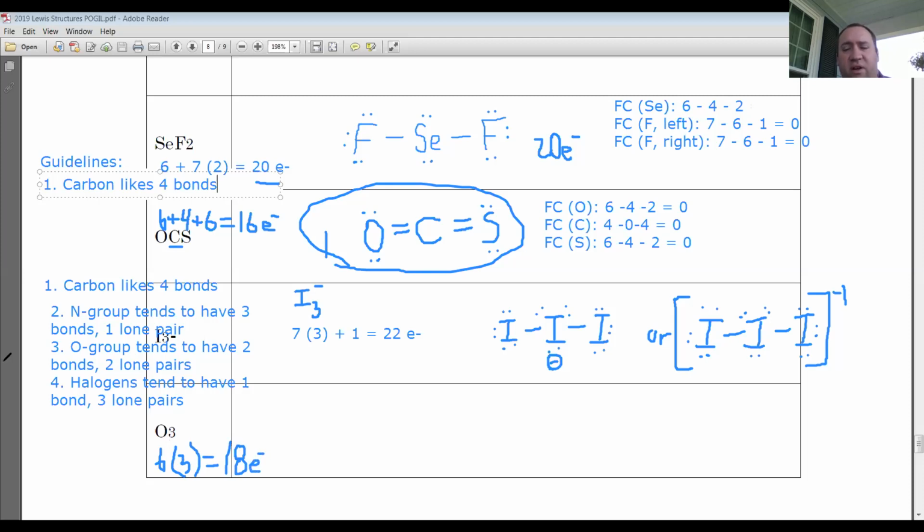And as I mentioned before, there is a resonance here, so make sure that you show both forms of the resonance before you can consider it done. When you finish, either pop up and say that you're done, or just write done in the chat so that I know that we can move on.